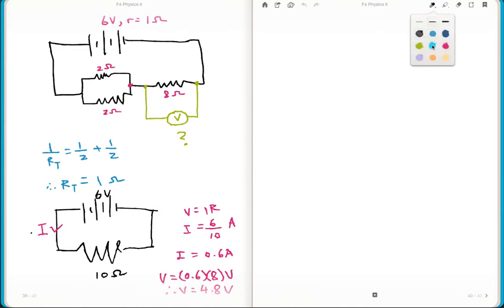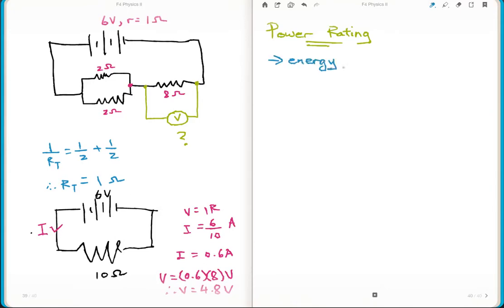Next is called power rating. What does it tell? Power rating is actually the energy released per second. I mean, how fast or how capable a machine is to release energy in 1 second.